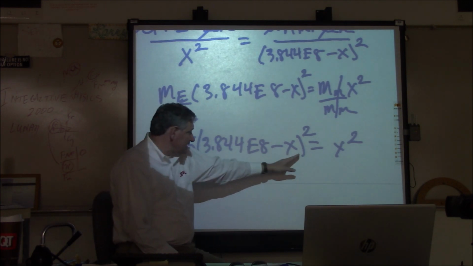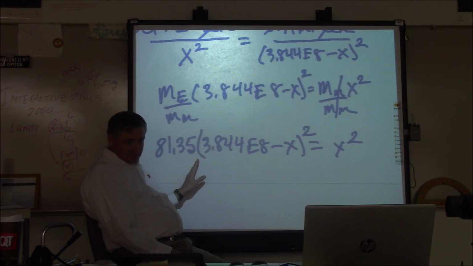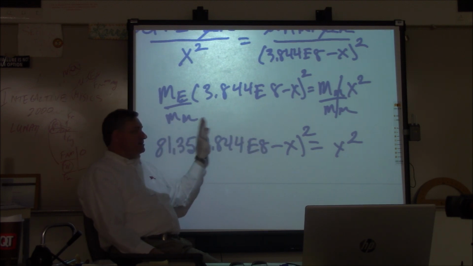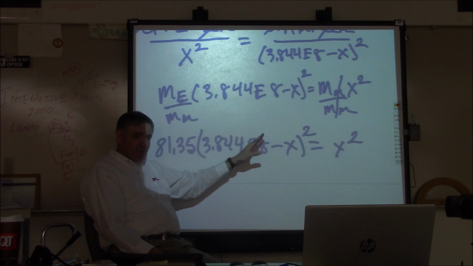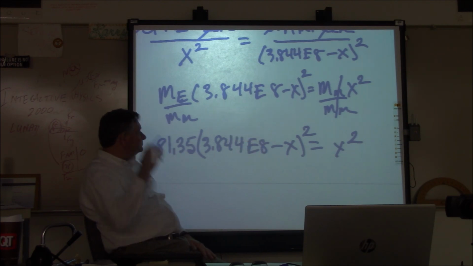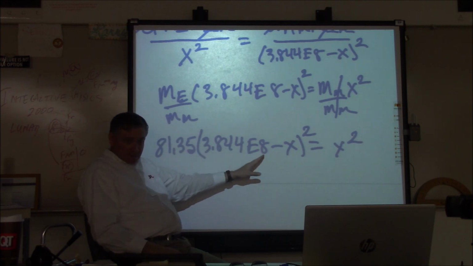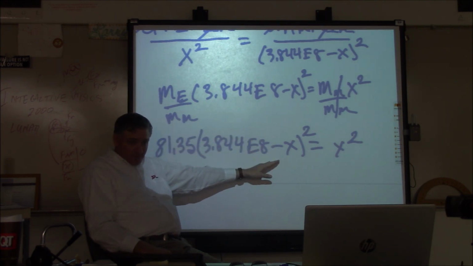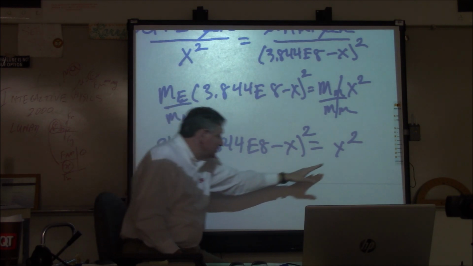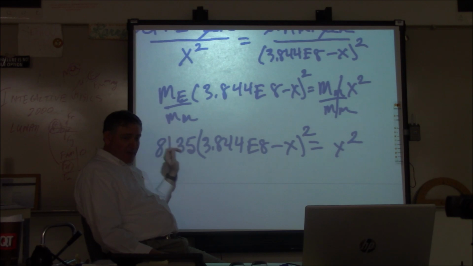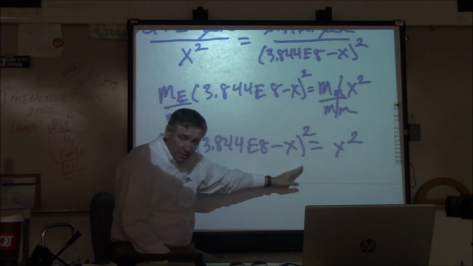Option number one is that you expand this binomial. Okay, just like if you have 4 minus x quantity squared, you'd have 16 minus 8x plus x squared if you remember back to your FOIL method with binomials. Okay? So you would expand this, then you would distribute the 81.35 over all of that, then you'd move x squared over here, and then you'd have the form of x squared and x and a whole number.